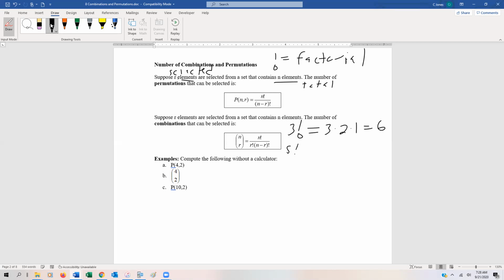If I said 5 factorial, that would be 5 times 4 times 3 times 2 times 1, which is 120. So a factorial is just a way of saying I'm going to write all the numbers from the number down to 1 in succession. By the way, 1 factorial is equal to 1, and 0 factorial is equal to 1.